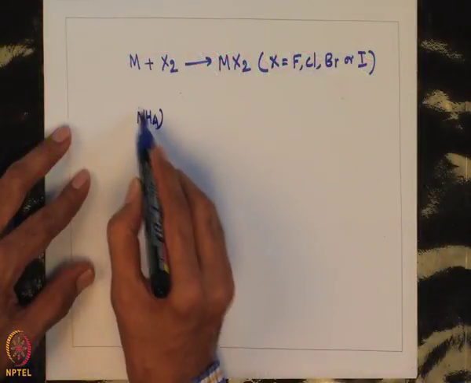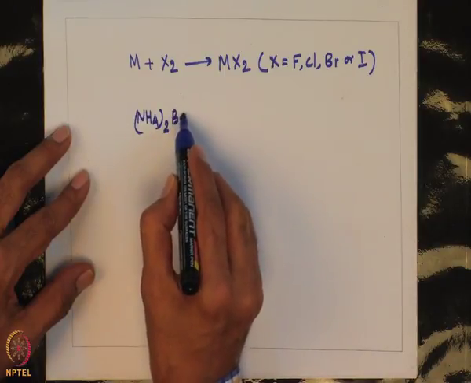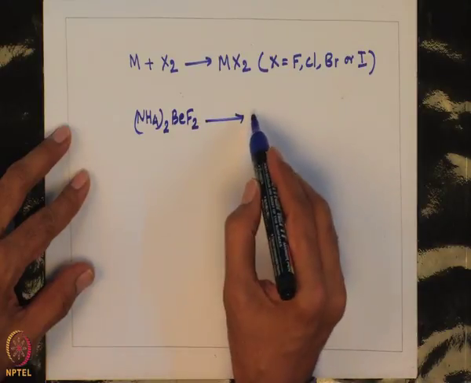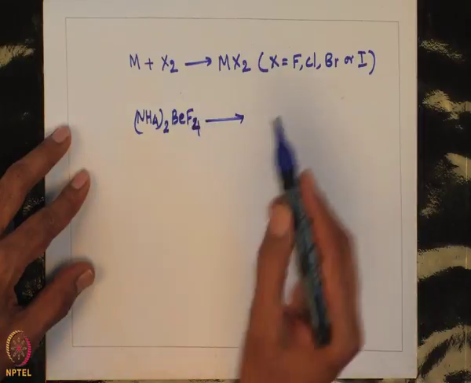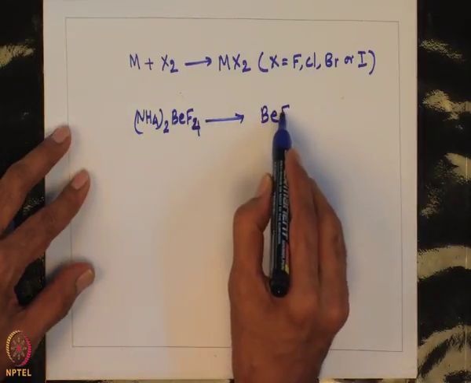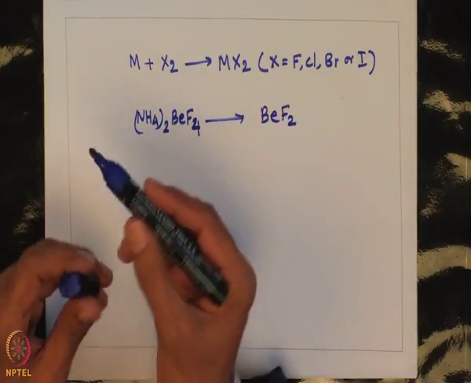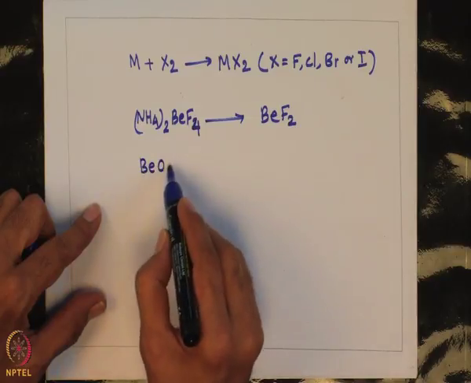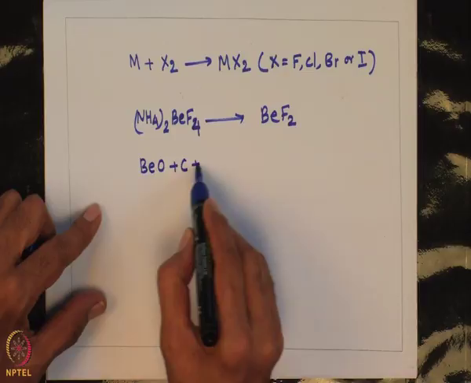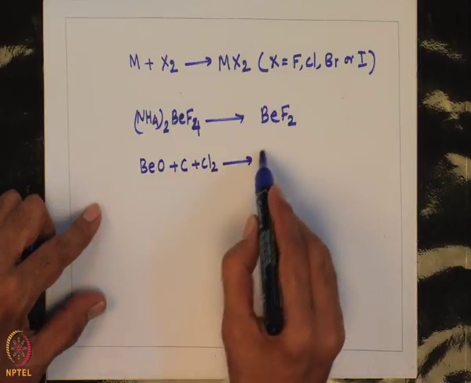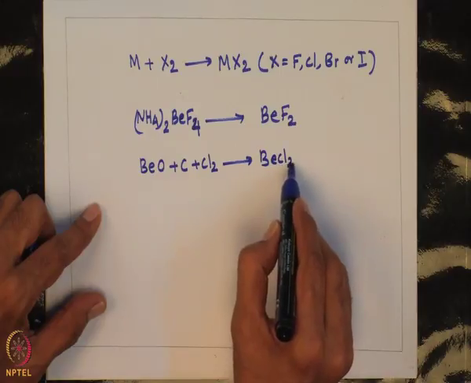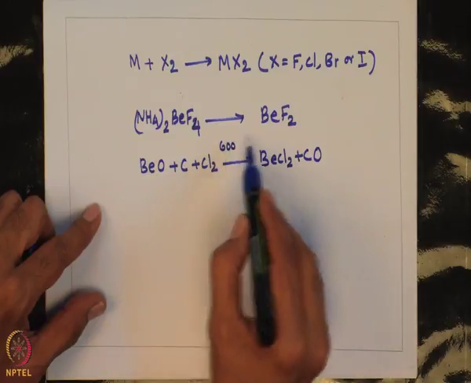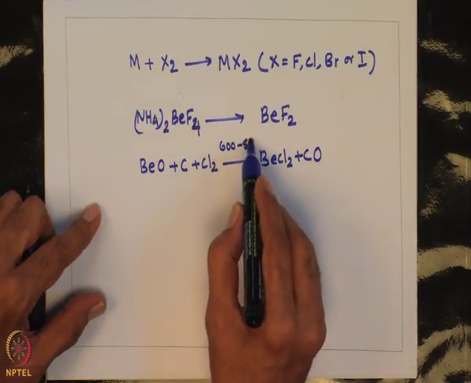So, if you take here, one can get pure beryllium difluoride. One can also prepare it using carbon reduction of beryllium oxide. Of course, this reaction happens only at a temperature of 600 to 800 Kelvin.